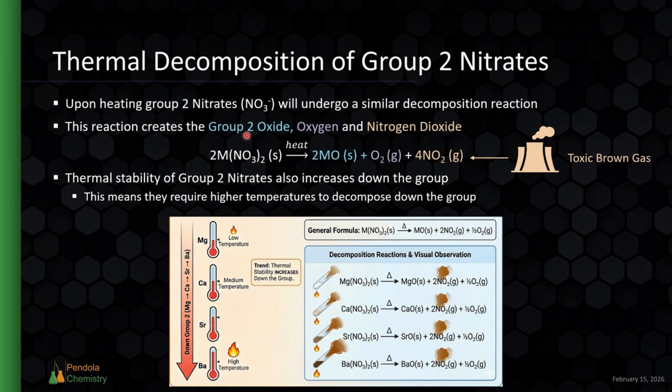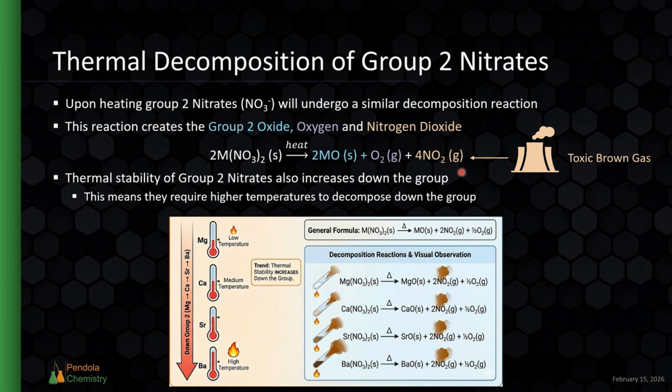They undergo a very similar decomposition reaction where they create the metal oxide, but instead of carbon dioxide, they create nitrogen dioxide, and additionally they will create oxygen gas. So we get 2 gases here instead of 1, so we have 3 products in total. Again, there is no bubbling here because there are no aqueous solutions or liquid.